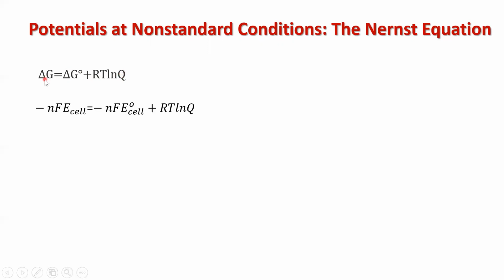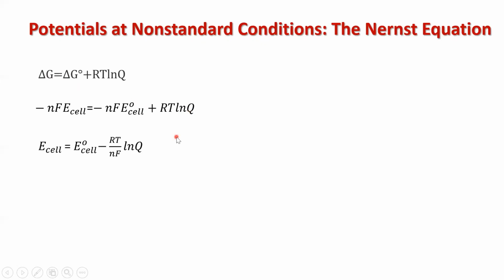We can substitute in for delta G, negative NFE, not at standard conditions. We can substitute in for delta G naught, negative NFE at standard conditions, plus RT ln of Q.